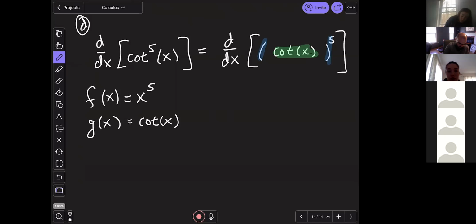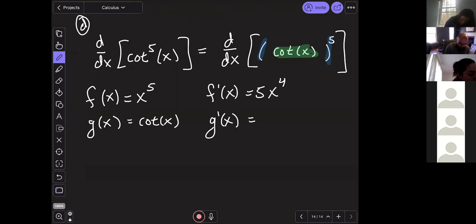To take this derivative, I also need f prime and g prime. The derivative of x to the 5th, using the power rule, is 5x to the 4th, and g prime of x, the derivative of cotangent, is negative cosecant squared.